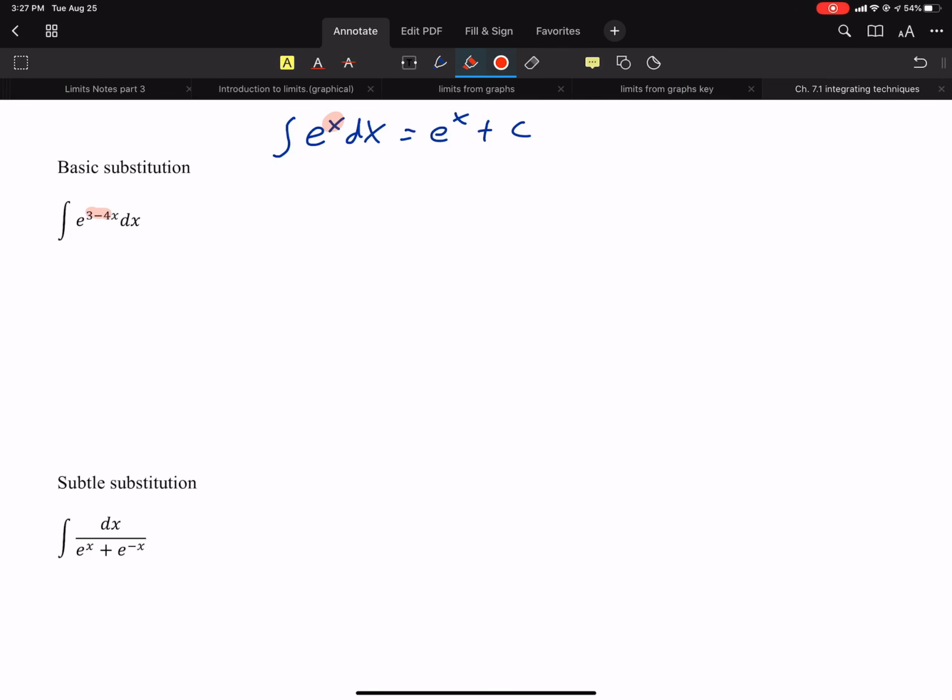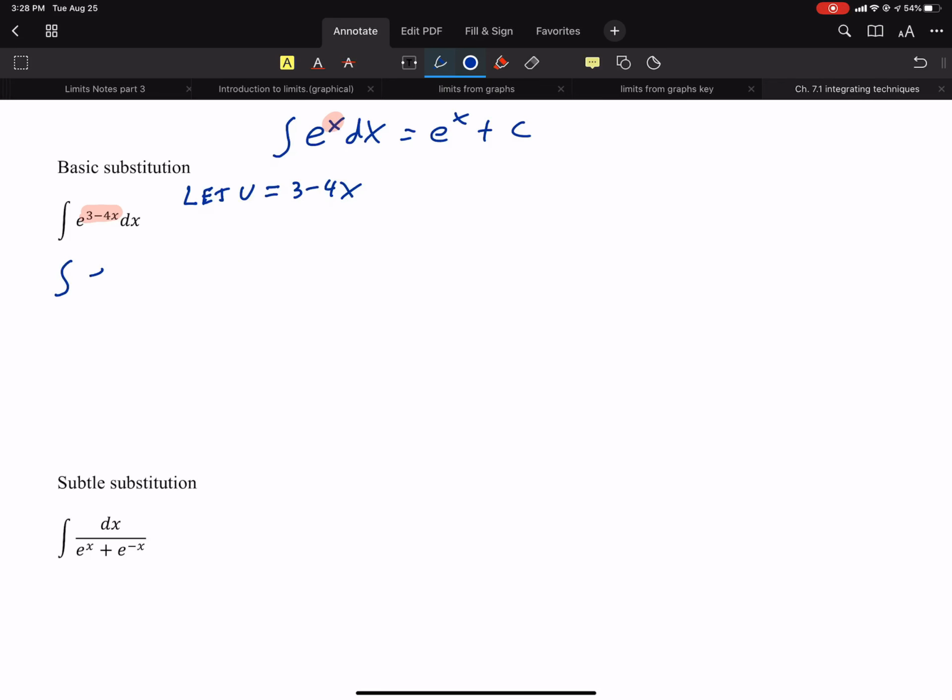But in this case, we don't have a single variable. So we say to ourselves, golly gee, I wish there was just a single variable there because that'd be easy. So you make that happen by redefining a new variable. You define the single variable u to be 3 minus 4x.